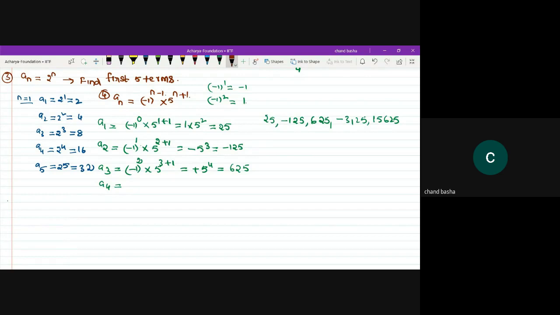Problem number 5. If an is equal to 4n minus 3, then find a17 and a24.